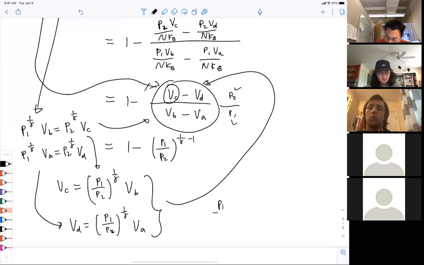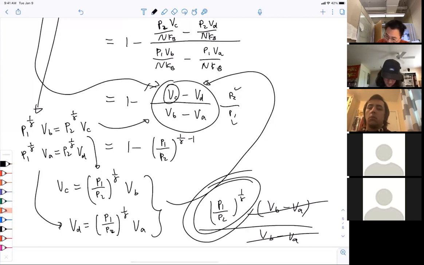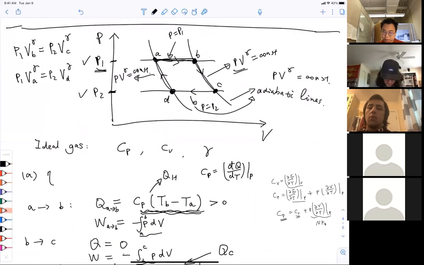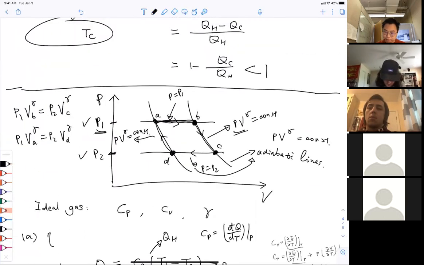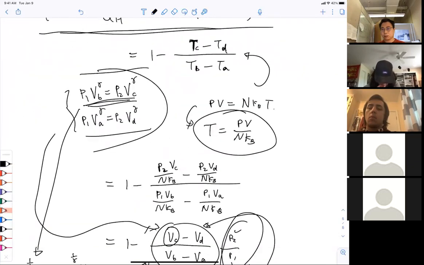We would get (P1 divided by P2)^(1/gamma) times (VB minus VA), and this VB minus VA cancels out with the denominator. So we're left with this guy, and this guy times this guy will give us the final result. Basically you just need to play with those equations: constant pressure, adiabatic process, and also the ideal gas law. That's all you need to know to solve these kinds of problems.